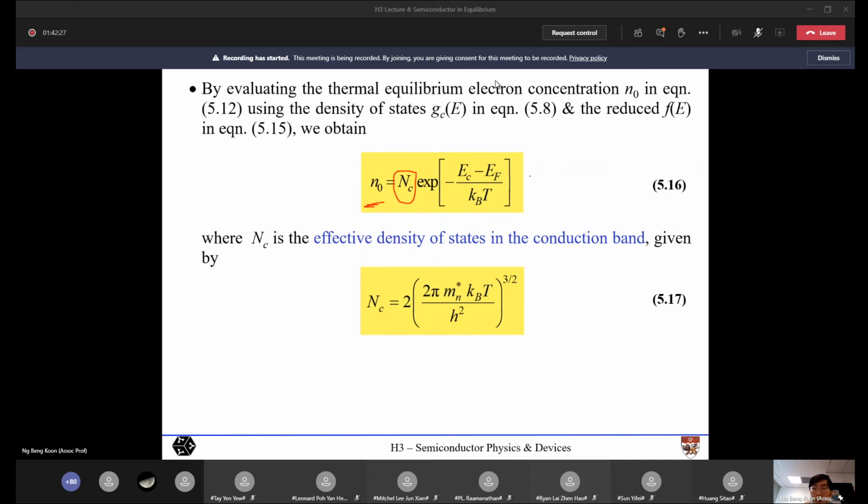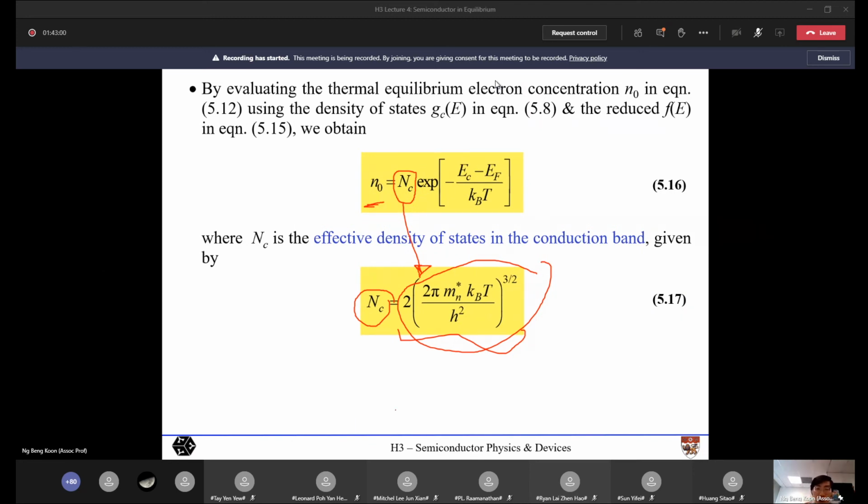This NC is a term that comes out from the solution of the integral, given by 2 times (2 pi effective mass KBT over h squared) to the power 3 over 2. We represent this by NC, which is known as the effective density of states in the conduction band.